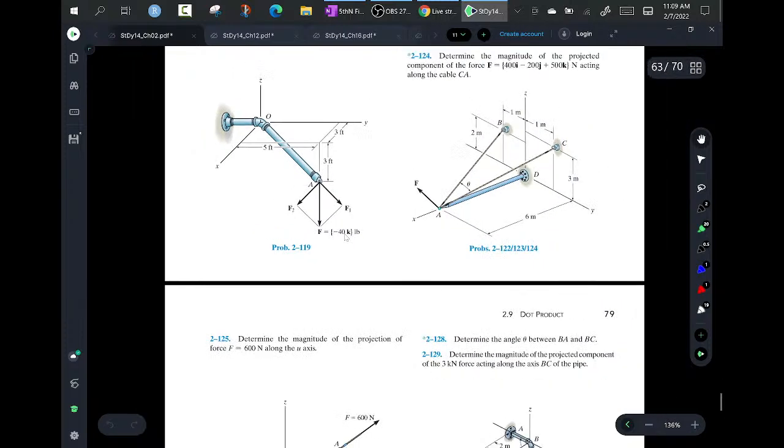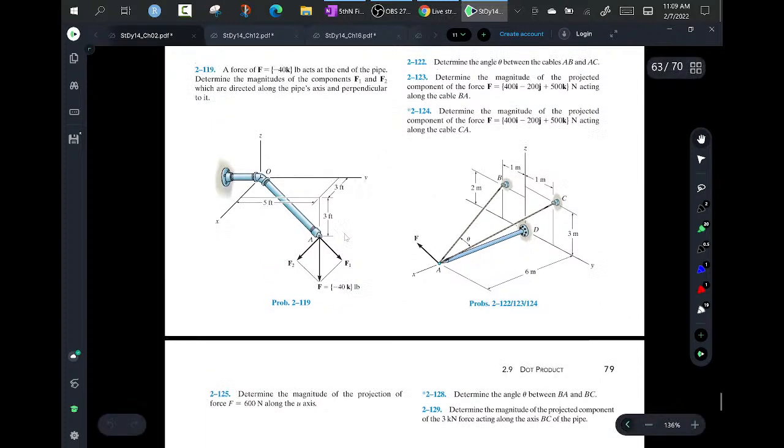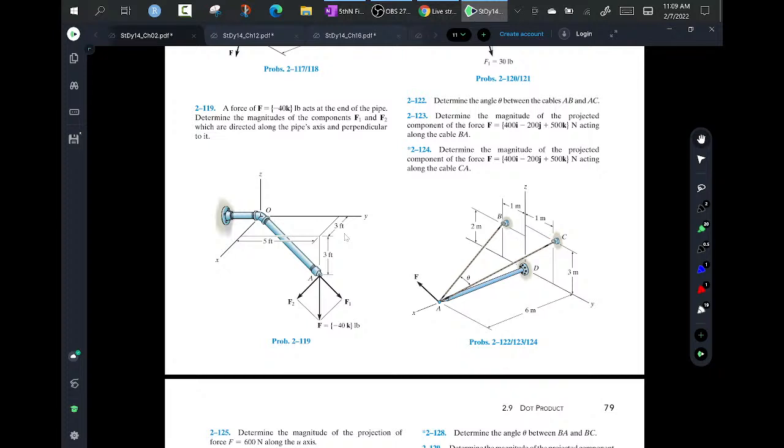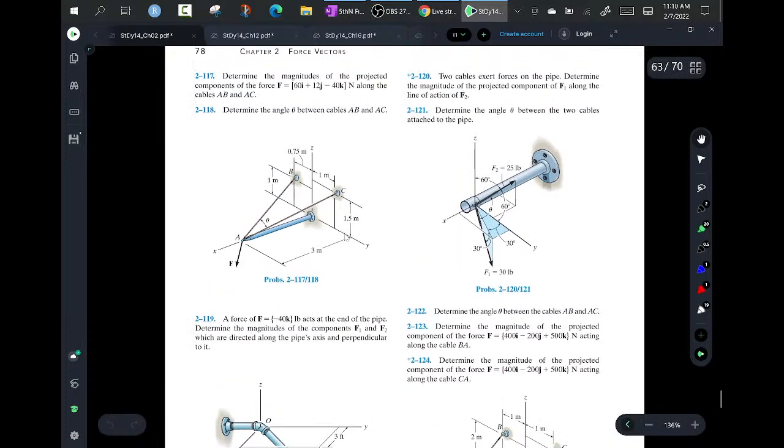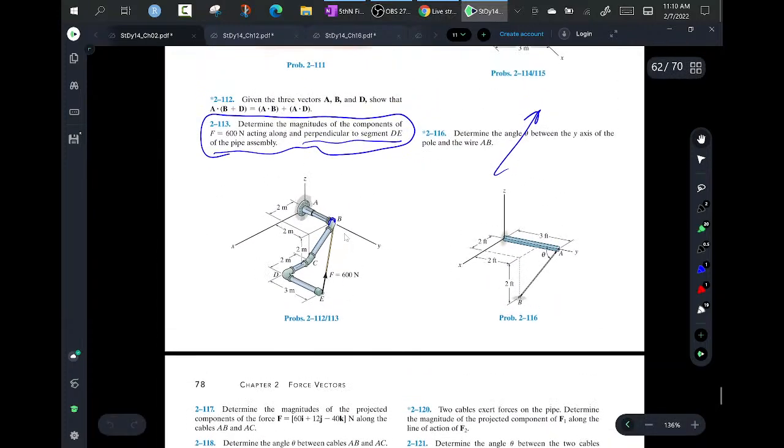Sorry for the delay there. Last time, the last time we didn't have snow, what we were working on is dot products. Let me find a good problem to just work.